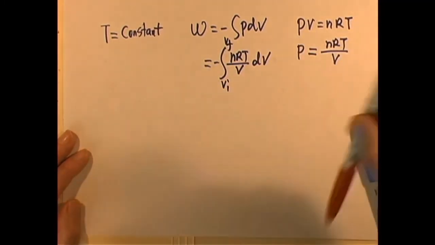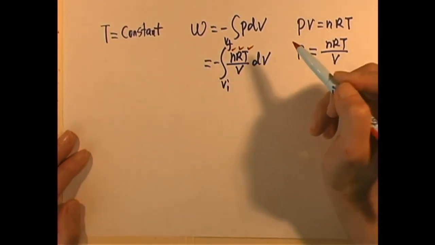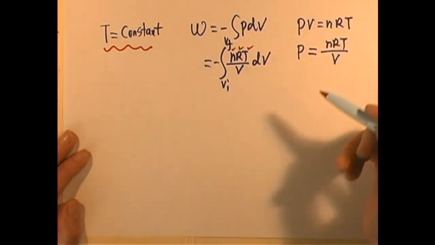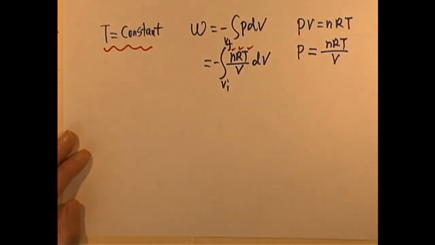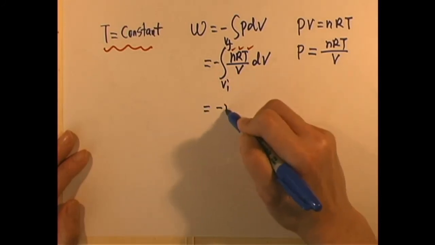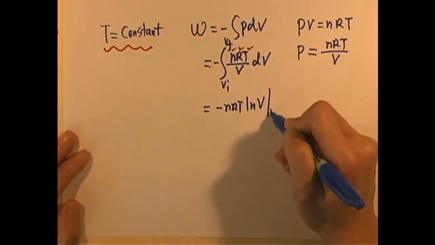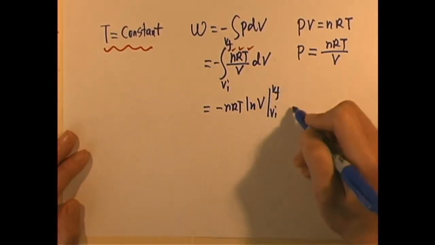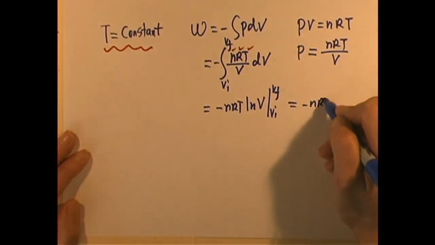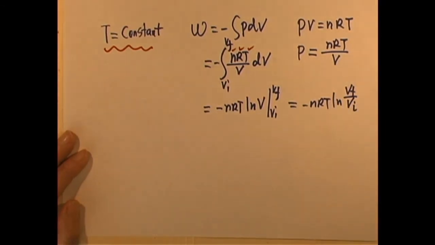As we can see, if the system is sealed, n is constant, R is constant, temperature is constant because this is isothermal, and the result will come out pretty easily. That is negative nRT times the natural log of V from initial to final. So that will be negative nRT times the natural log of V final divided by V initial. That is the work done when temperature is constant.